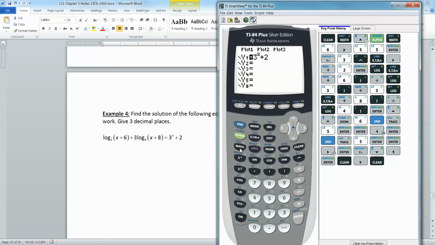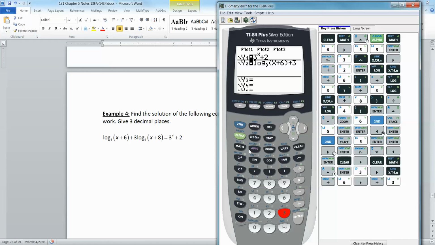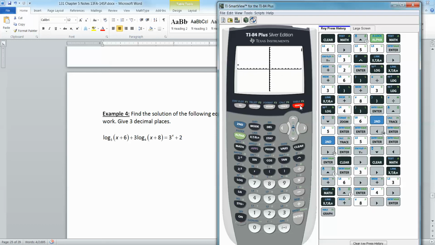You would do math, LogBase, and you would say, okay, I want the LogBase 3, right arrow, x plus 6, then move the right arrow out of there so that you're not inside that parentheses anymore, then plus 3, and then you do LogBase again, so math, LogBase, and then 4 is your base, so put 4 in there, and then move your right arrow out of there, x plus 8.